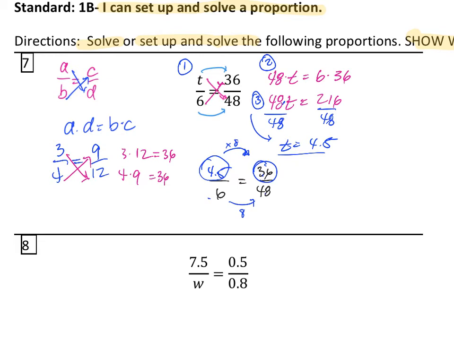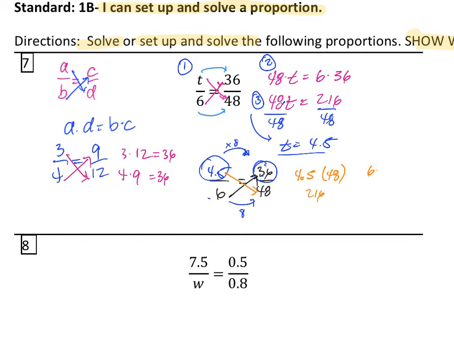And the way you would check this, you don't have to check this for the grade, but you would just look and say, well, what's 6 times 36? And is that equal to 4.5 times 48? And 4.5 times 48 just so happens to equal 216.